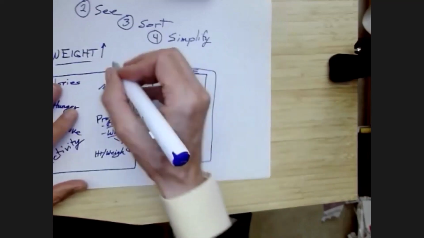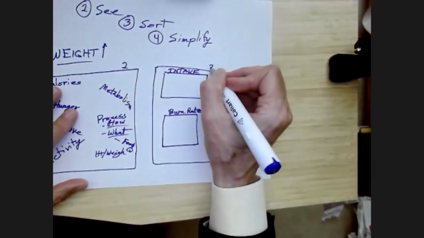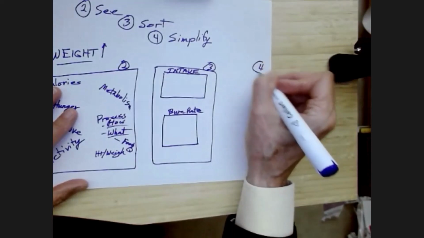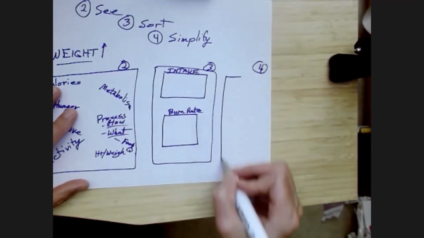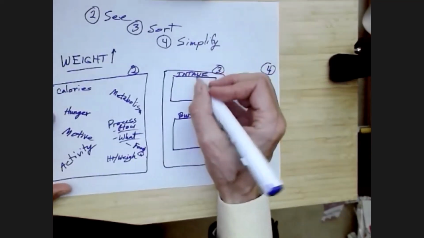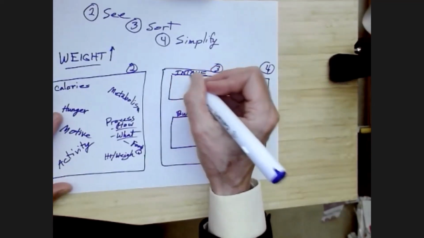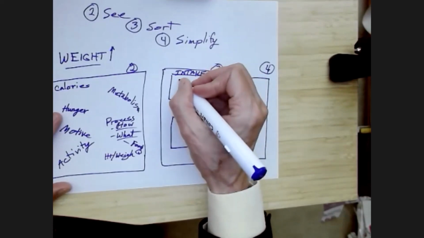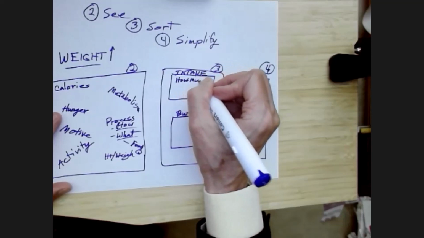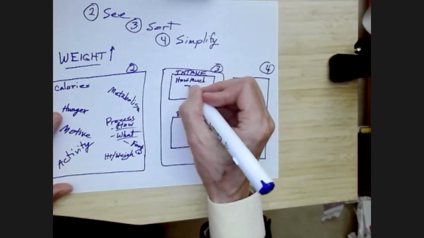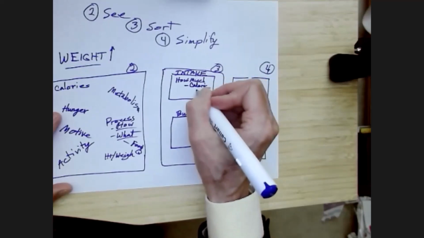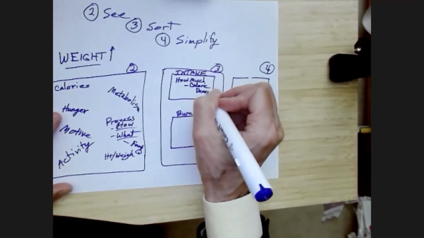And then you can get over this is 2, this is 3. This is going to be 4, where we want to simplify and understand the basic process. And so what happens is you start realizing, look, on intake, it's about how much we take in, and that's going to relate to caloric density, something like that.